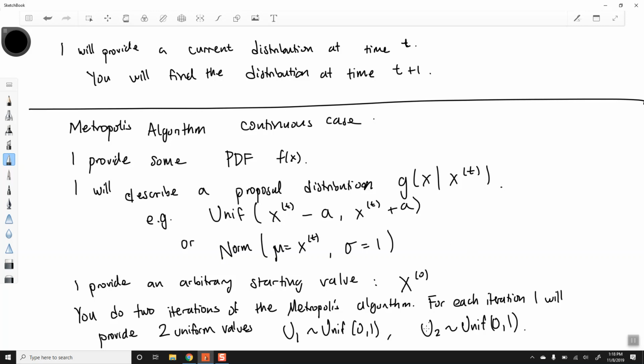Use U1 to figure out x star. And then use U2 to decide if you will move or not.